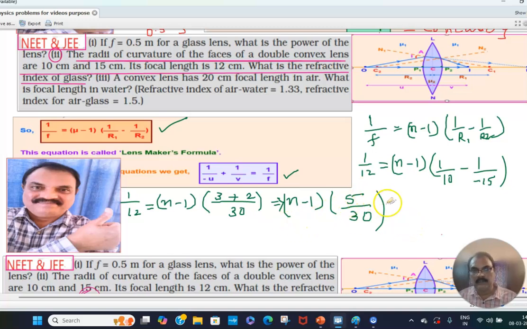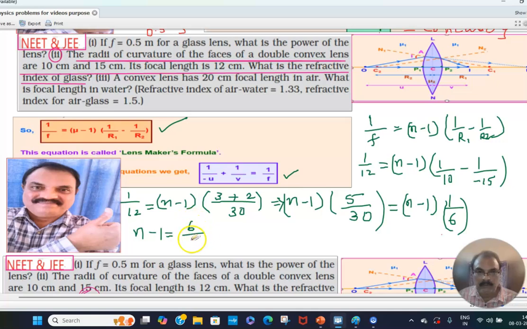So finally, 1 by 12 equals (n minus 1) by 6. So 6 will go to that side, and n minus 1 equals 6 divided by 12. So that will become 1 by 2.